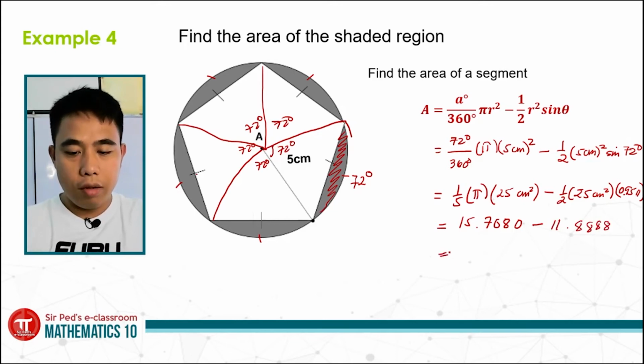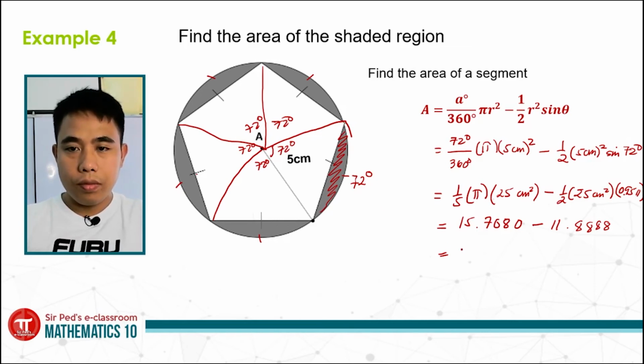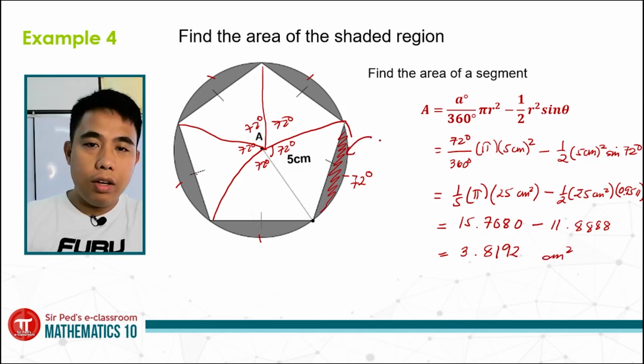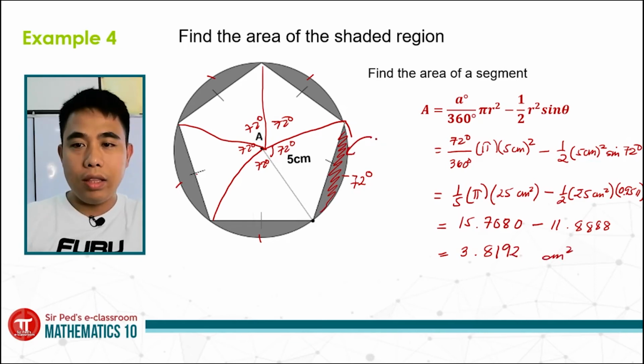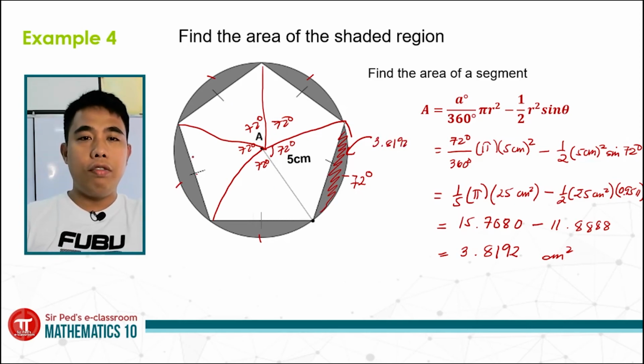Subtract it from 15.7080. We have 3.8192 square centimeters. So the area of the segment, one segment is equal to 3.8192, which means we multiply it by 5, the area of the shaded region.